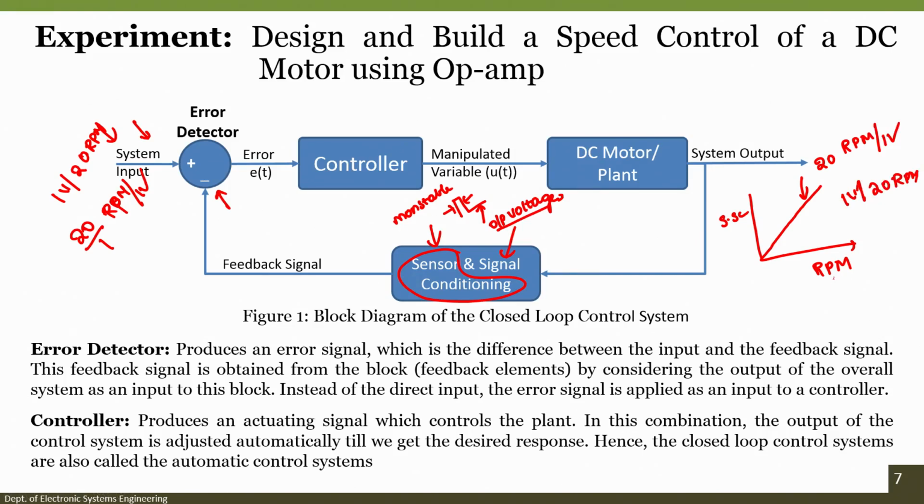So, in this case the input is RPM, the output is voltage, and that is why it is 1 volt per 20 RPM when we consider it as a sensitivity. As long as this condition is satisfied, our signal conditioning part is done, but we have not yet reached this case.